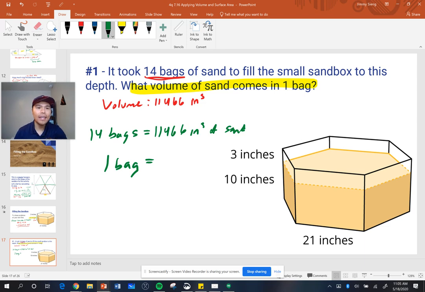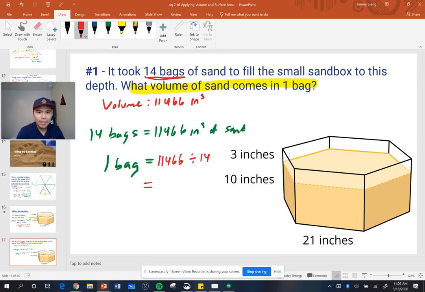So for one bag, I could take the total volume of 11,466 and divide it by 14, and that'll tell me how much I have for one bag, right? We have a total amount, and we divide that into 14 different bags.